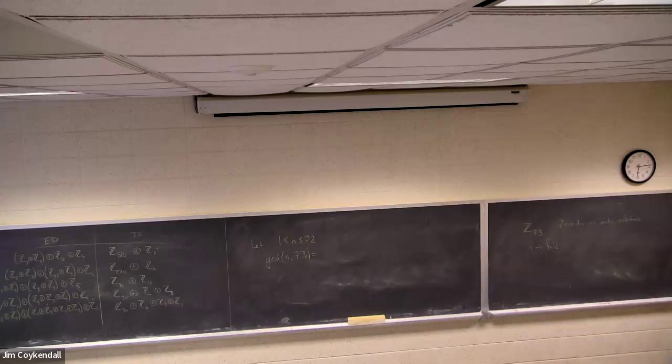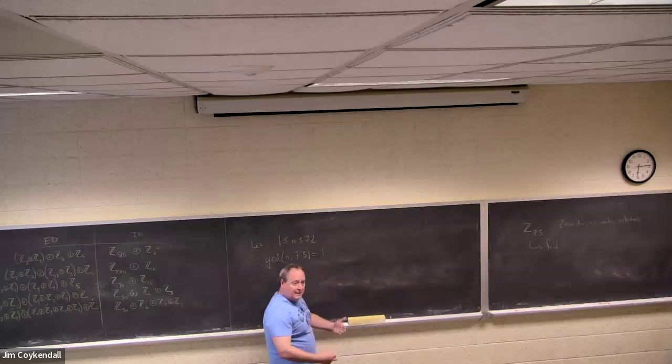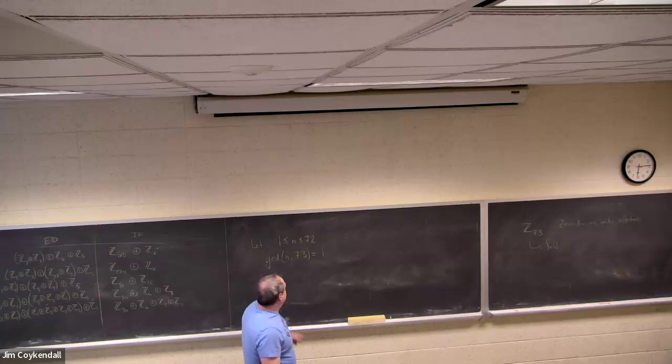Suppose n is a positive integer somewhere between 1 and 72. What can you say about the greatest common divisor of 73 and n? It's 1. Do I agree with that? Okay, so let's go back to the old class.